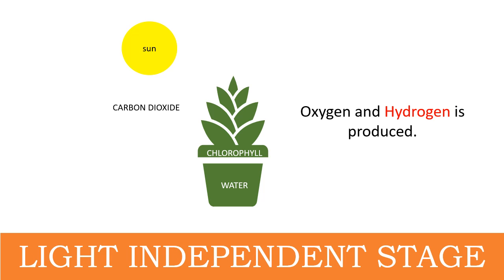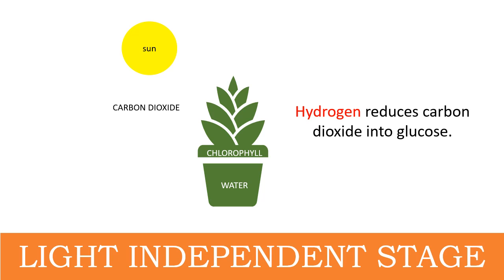The next stage is light-independent stage. It means this will happen even without light. We have oxygen and hydrogen. Hydrogen is used to reduce carbon dioxide to form glucose and oxygen as its byproduct.